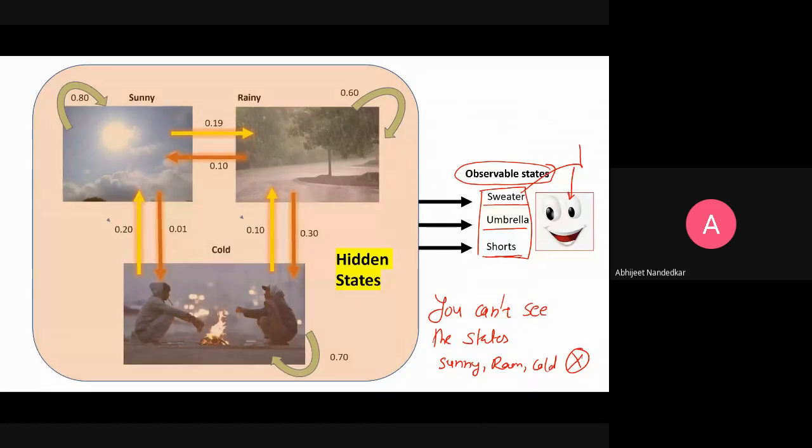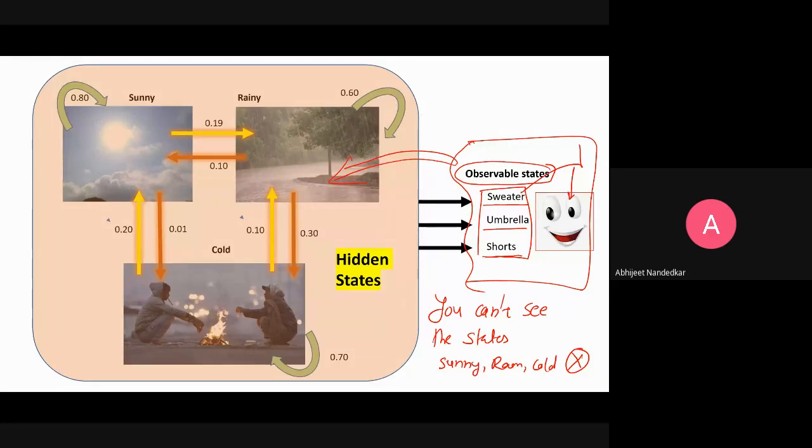Now based on only this information, you have to estimate what's going on outside. So what are the statuses of the different hidden states by monitoring only observable states?